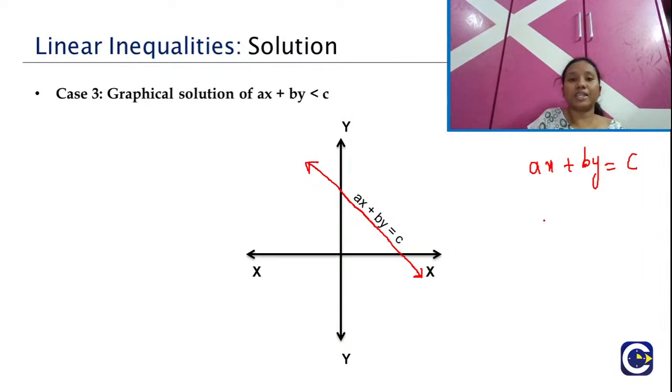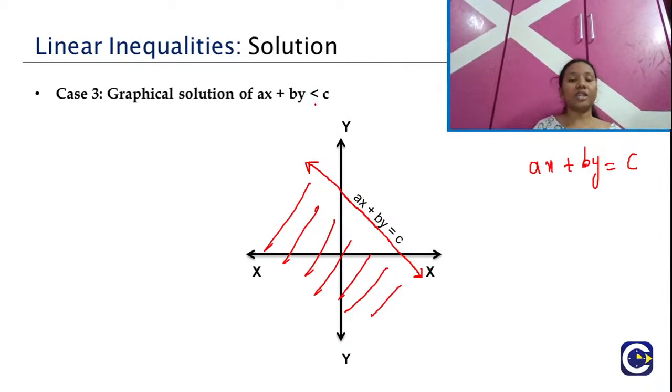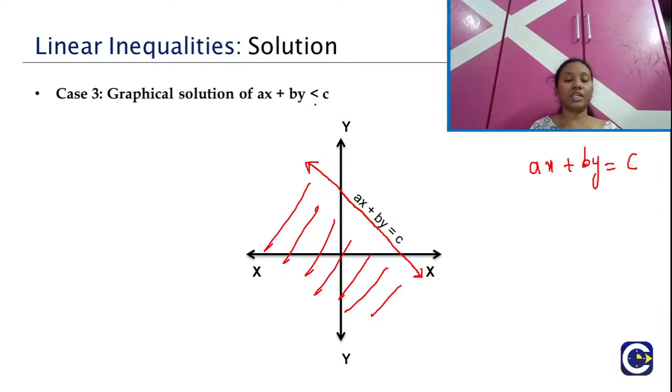My inequality is lesser, which means the lower part, the entire lower part of this line. And here the line is not included because there is no equal to sign here. Only the less than inequality is given, so only the lower part of the line. This will be the solution of our third case, where we have only the lesser than.